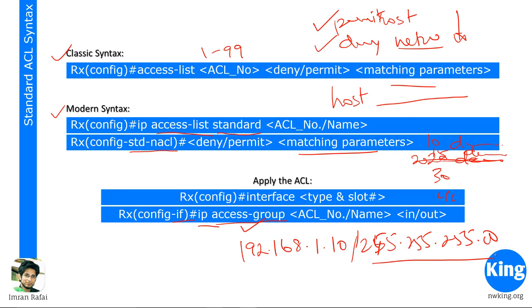This is a subnet mask, but you can't put a subnet mask if you're doing an access list. There is a new concept called wildcard mask, right? So in your matching parameters, you need to put the network ID, so in this case 192.168.1.0/24, right?